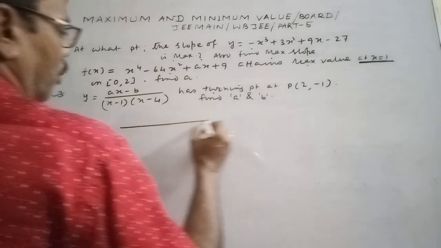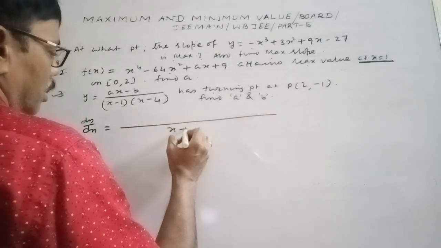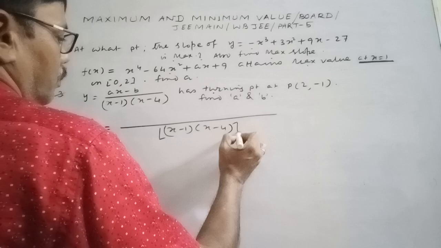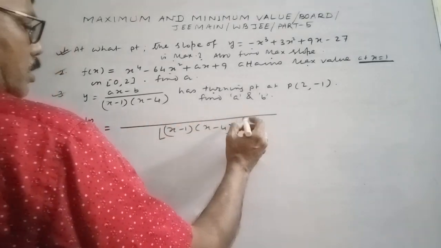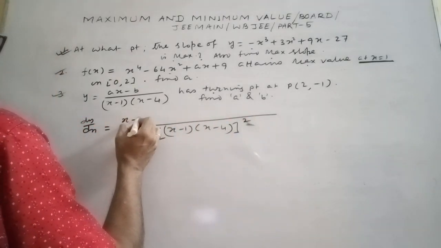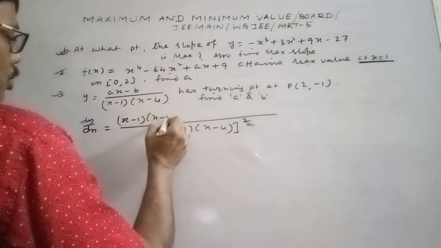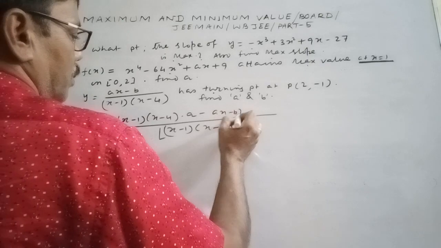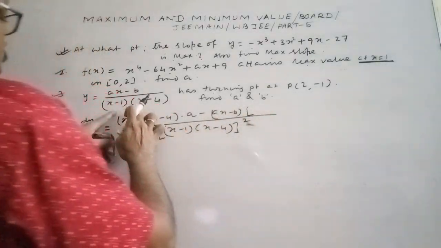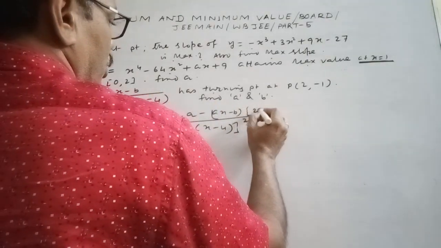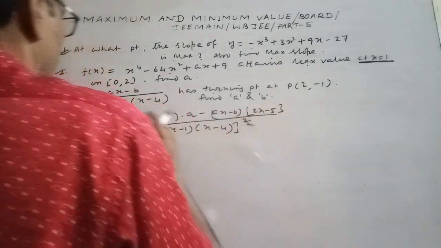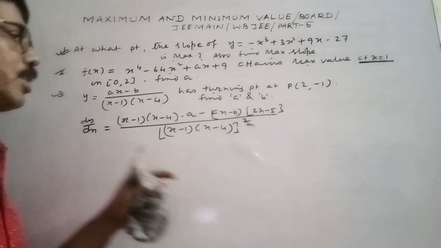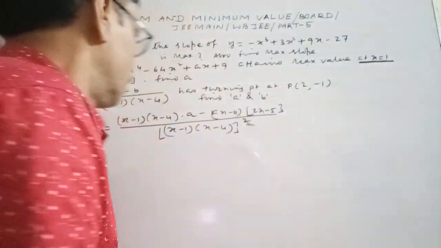So you find dy by dx by the product rule. So x minus 1, x minus 4 into 2ax minus b, plus x square minus 5x plus 4. So this is dy by dx.